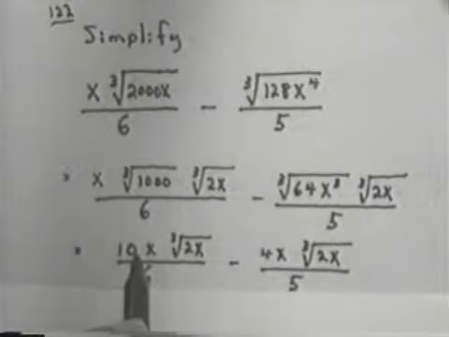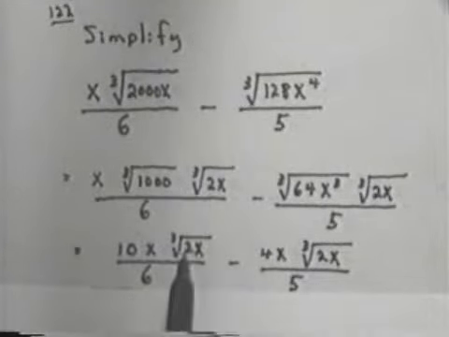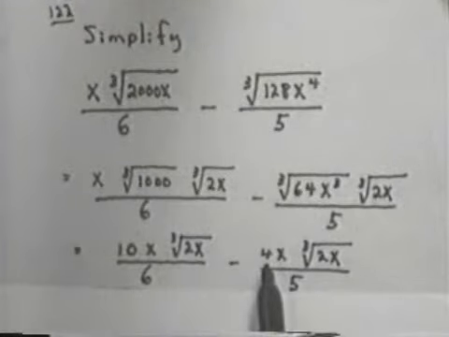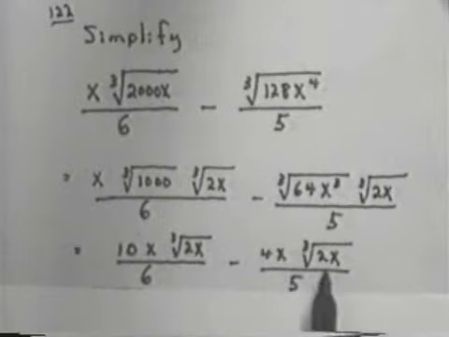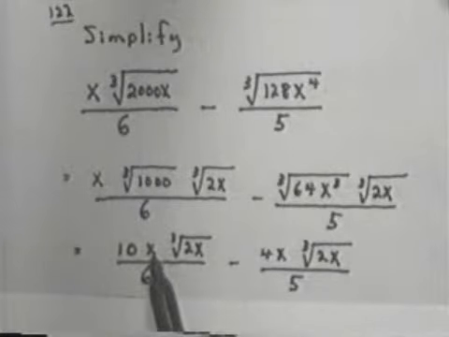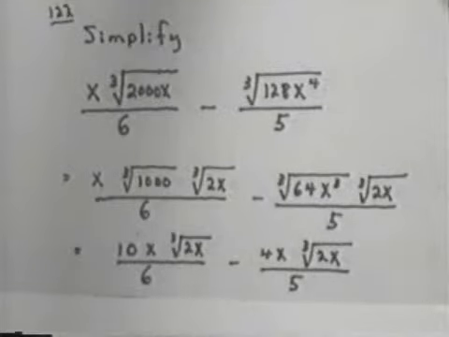The cube root of 1000 is 10. And I just bring down my cube root of 2x. Subtract. The cube root of 64 is 4. The cube root of x cubed is x times the cube root of 2x over 5. Now I have like radicals. They are alike. x times the cube root of 2x, x times the cube root of 2x. They are identical. So I can combine them.